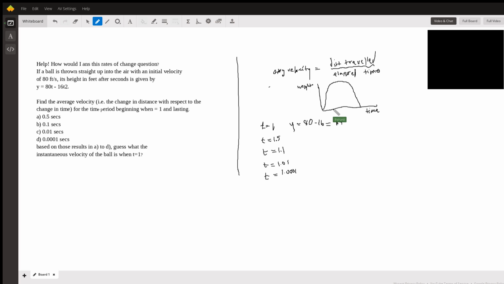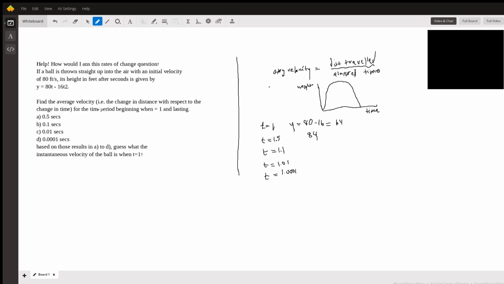So let's just go ahead and do this, and of course, I'm going to be doing it on my calculator. So it went 64 units, but after a second and a half, it had traveled 84.